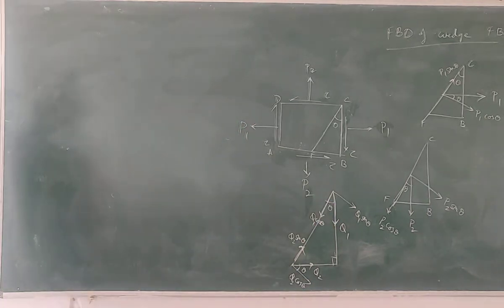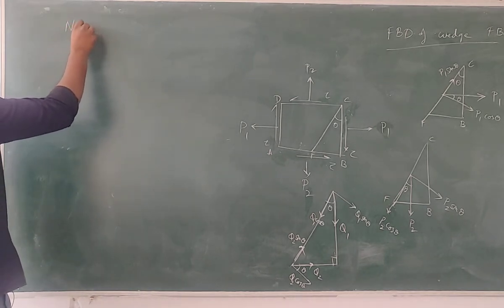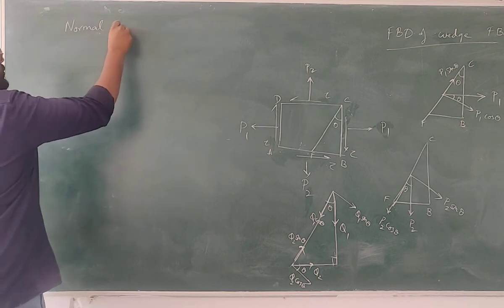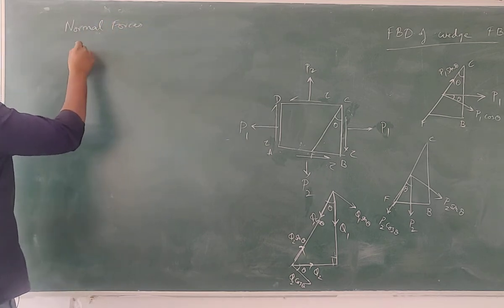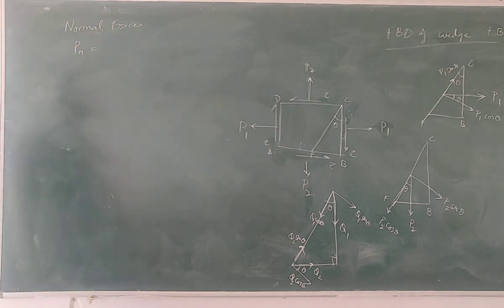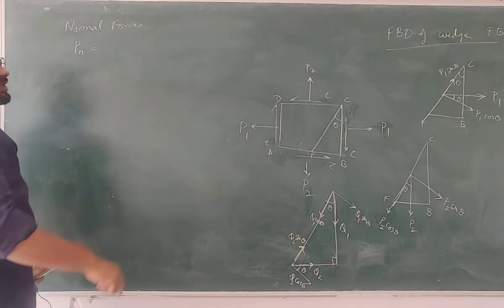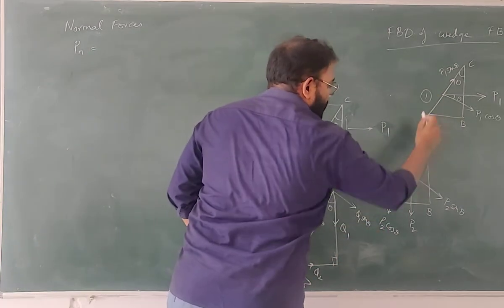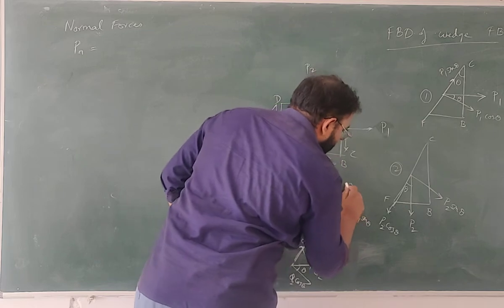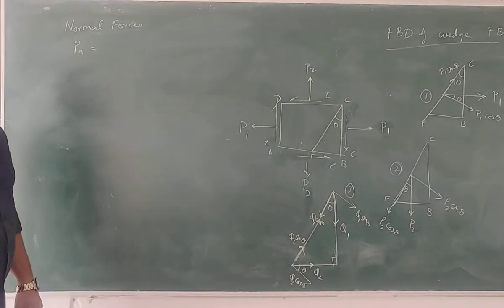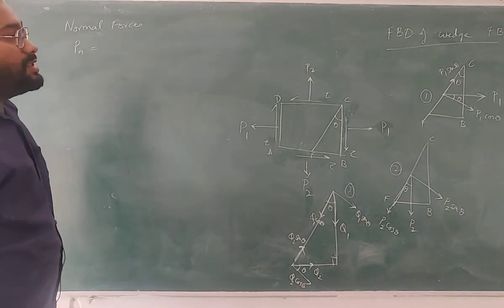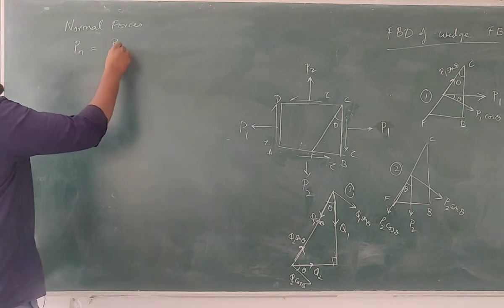So next, we'll write the normal forces. Normal force Pn is equal to, if you see, this is your first FBD, this is the second FBD, this is the third FBD. Three free body diagrams are there. From the first, what is the normal force you have?